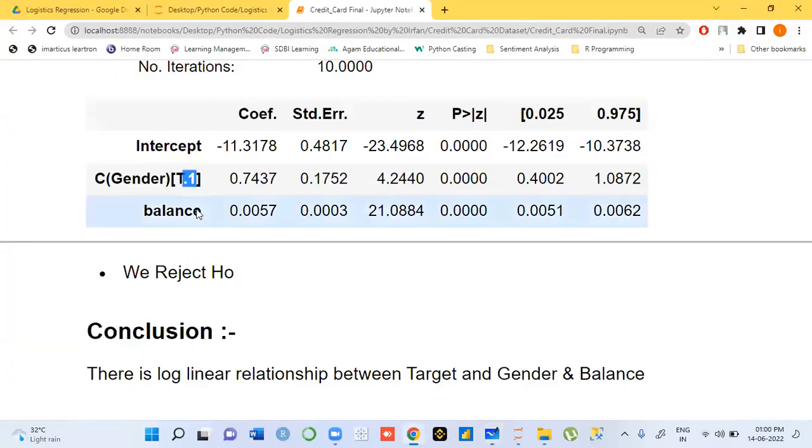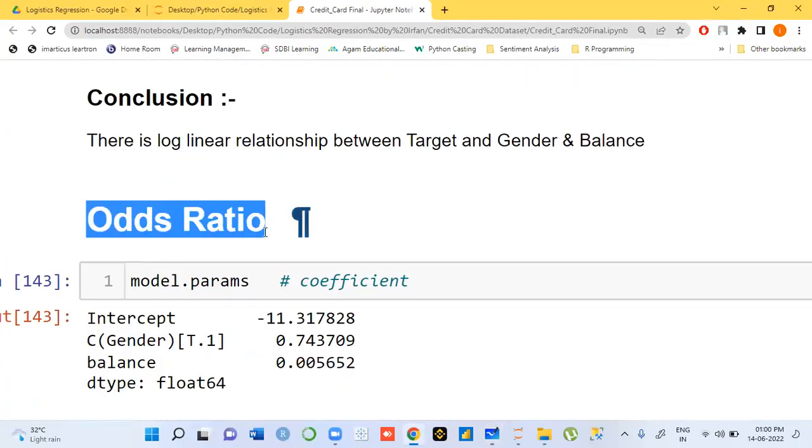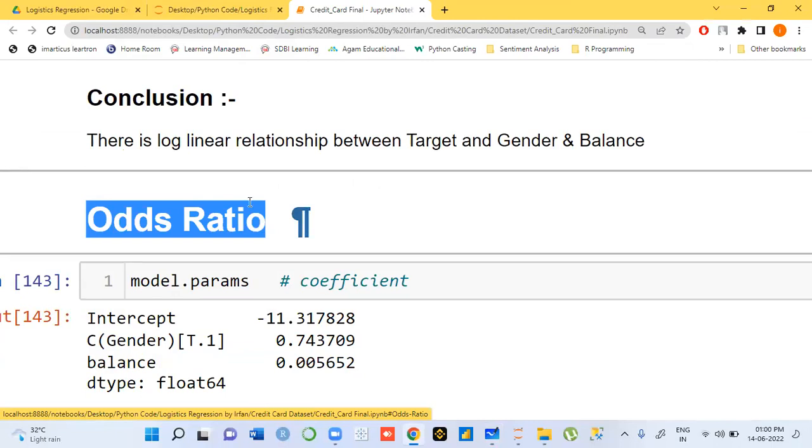To compute the odds ratio. When do we use the odds ratio? Anyone?